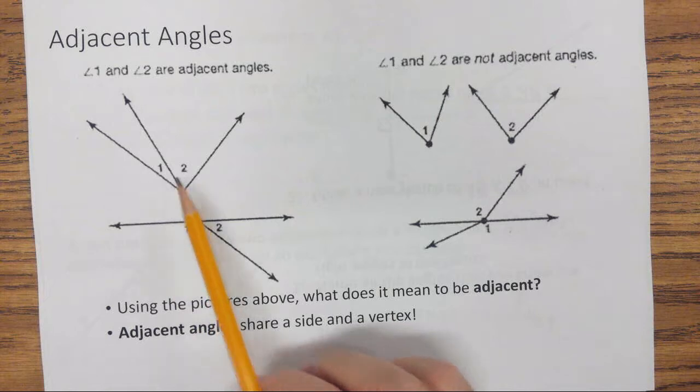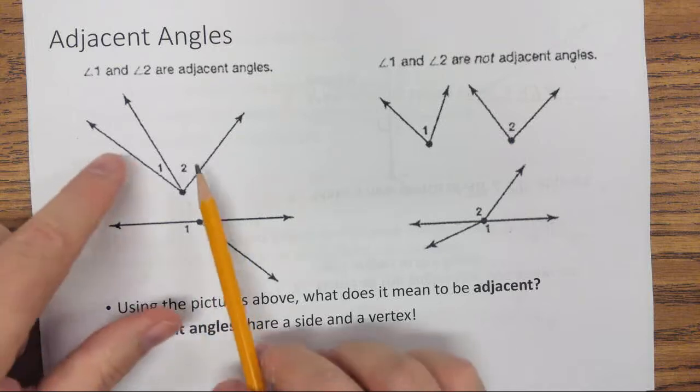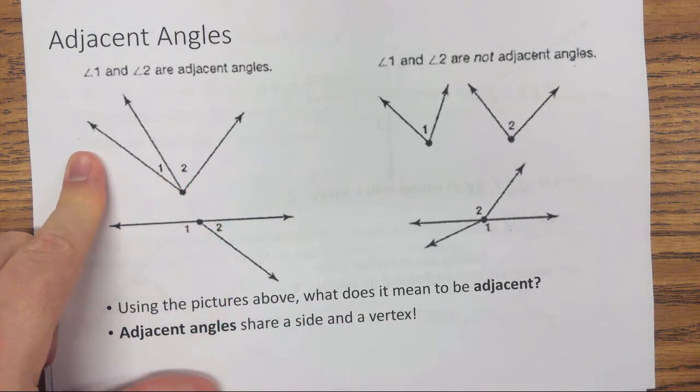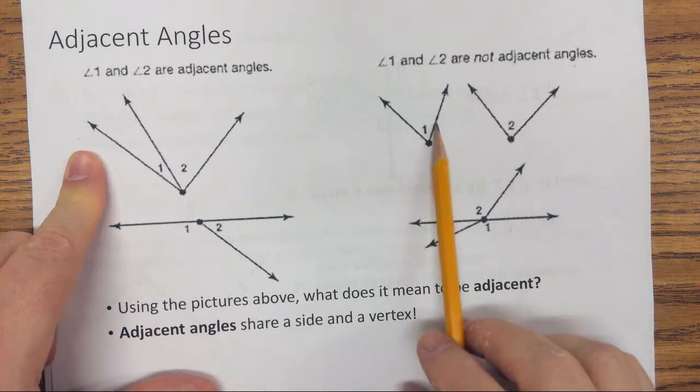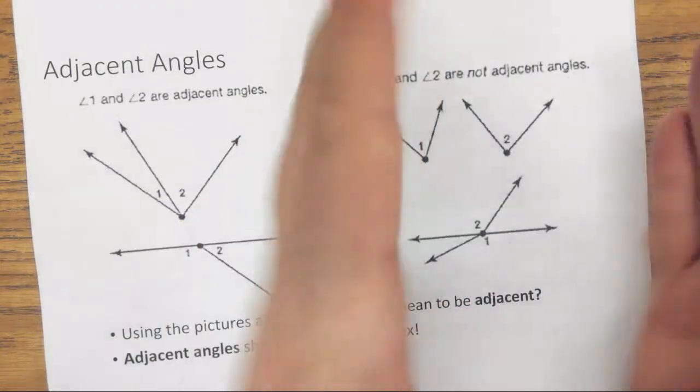So what's the difference between this one and this one? That's right, these two are together. Adjacent means they're right next to one another. These two, if I put them together, they'd be adjacent, but right now they're not right next to each other. They're not sharing a side.